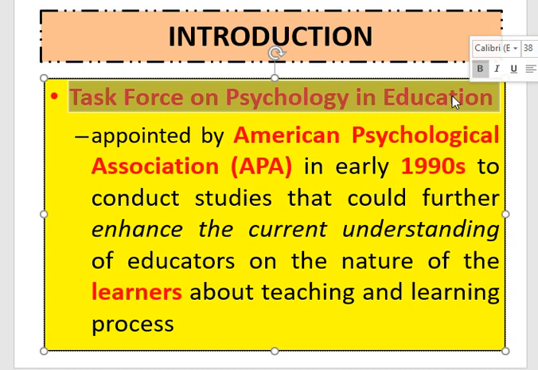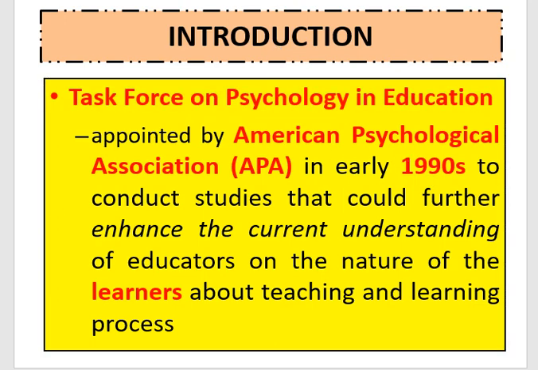They wanted to know more about the learners, and about the teaching and learning process. They wanted to know the nature of our learners, how learners learn, and how teachers can give better learning experiences to our learners. That is the major reason why a task force was created way back in the 1990s.